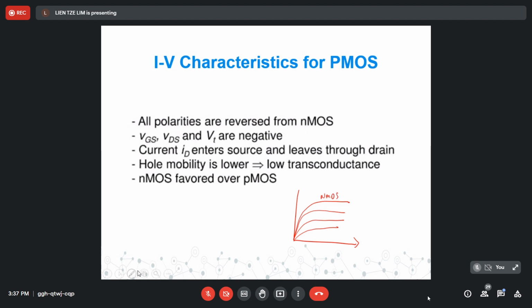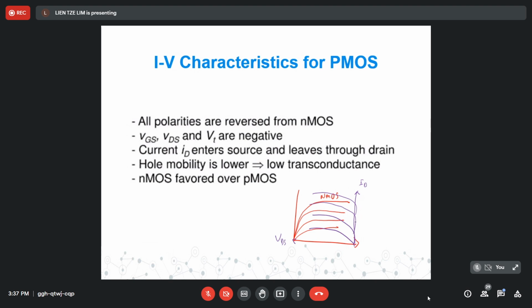But for PMOS, we can also plot it in this way. This is ID, this is VDS. It can be drawn like this at different levels of input voltage, and the drain current also like this.